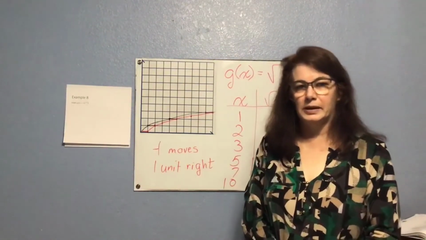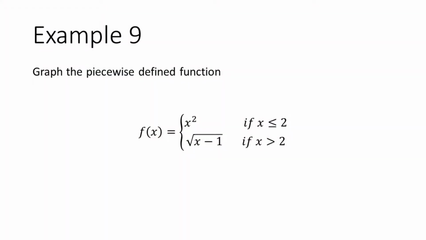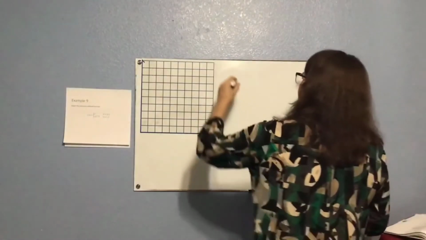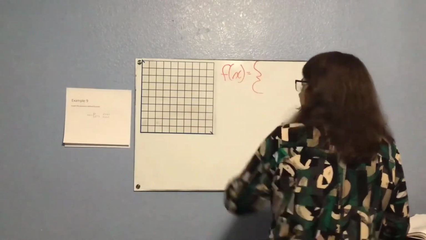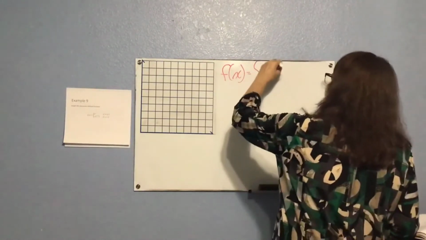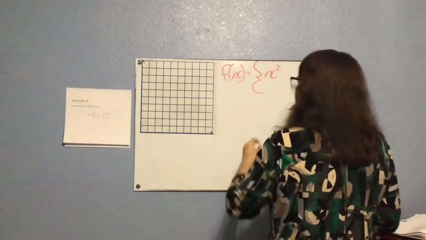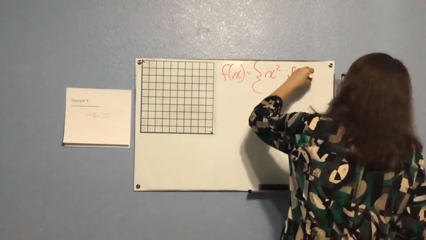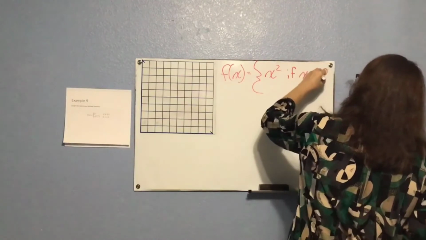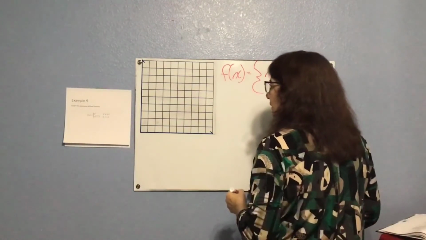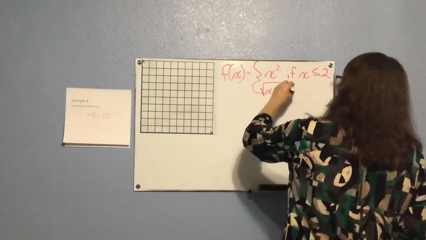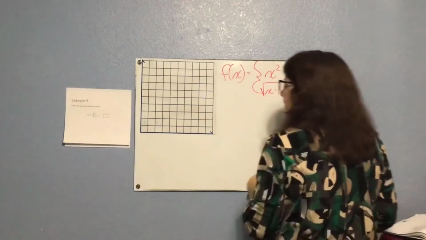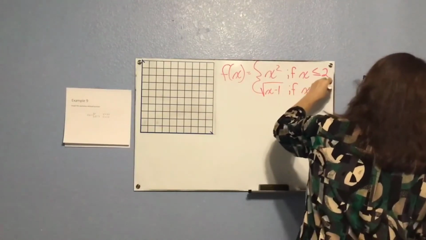Let's look at another piecewise defined function. Here's my function, f of x equals, first piece, x squared if x is less than or equal to 2, and square root of x minus 1 if x is greater than 2.